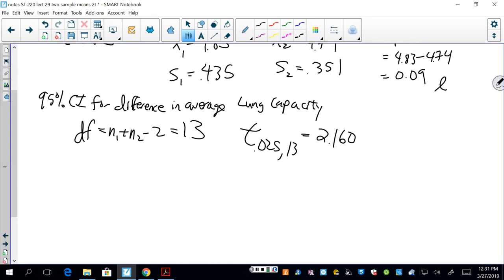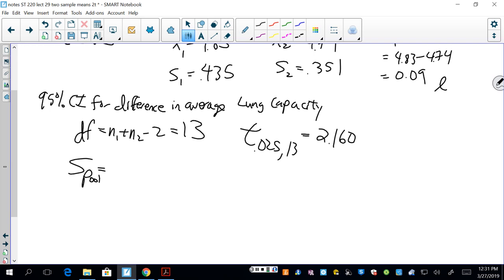But we need that pooled version of the standard deviation. These two are not exactly the same, they're pretty close. Usually it's reasonable to pool if they're within kind of a factor of 2 of each other.